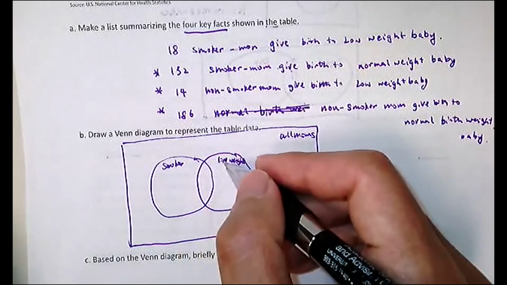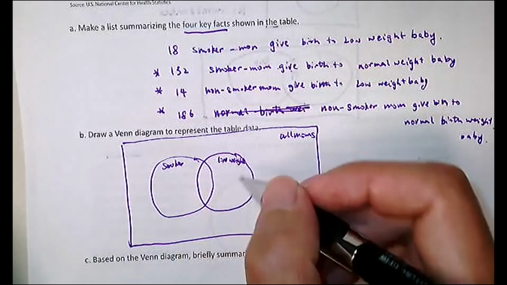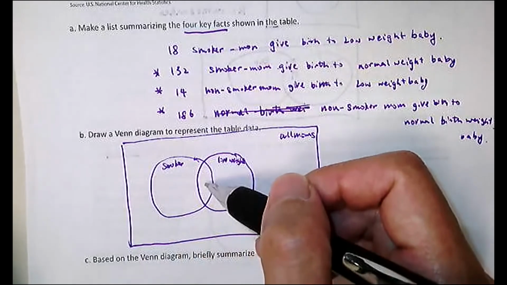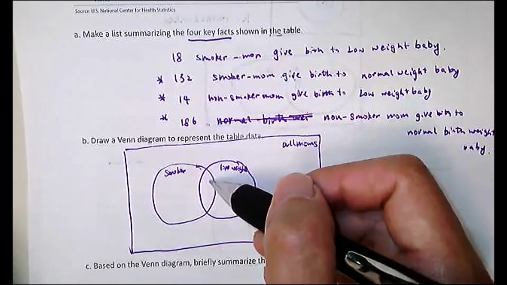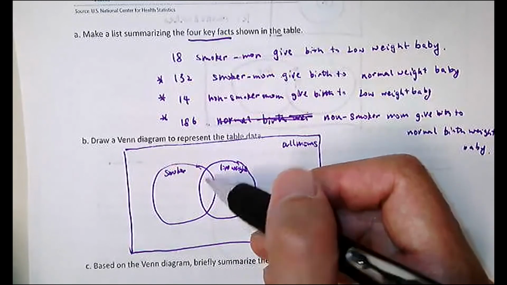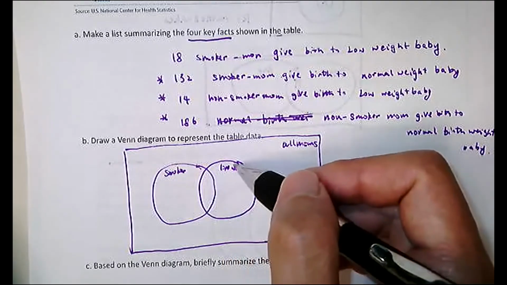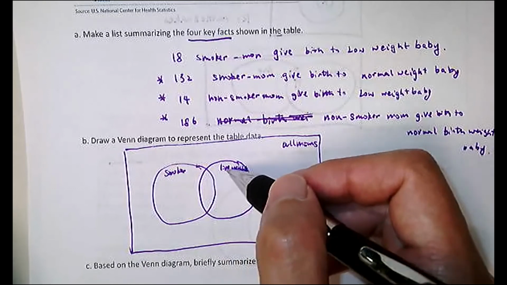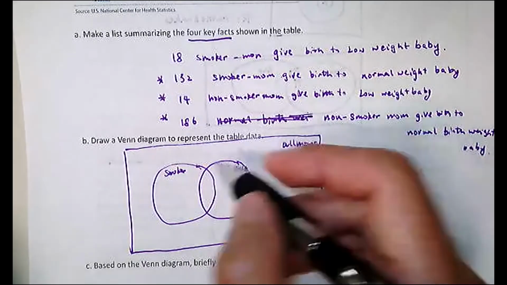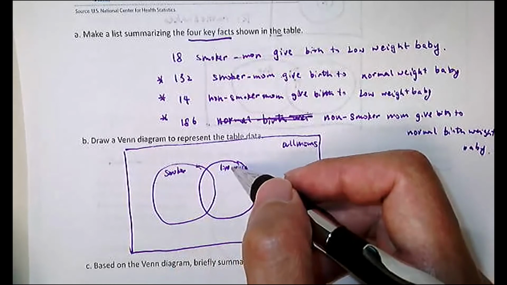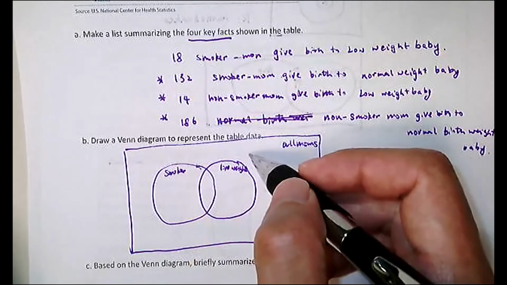Okay, I'm running out of space. Just low weight, LW in short. So let's look at the overlapping part. The overlapping part means the smoker moms who give birth to low birth weight babies. This circle means all the moms who give birth to low weight babies. Some of them are smokers, some of them are not. So there's overlapping between the moms who give birth to low weight and smoker moms.